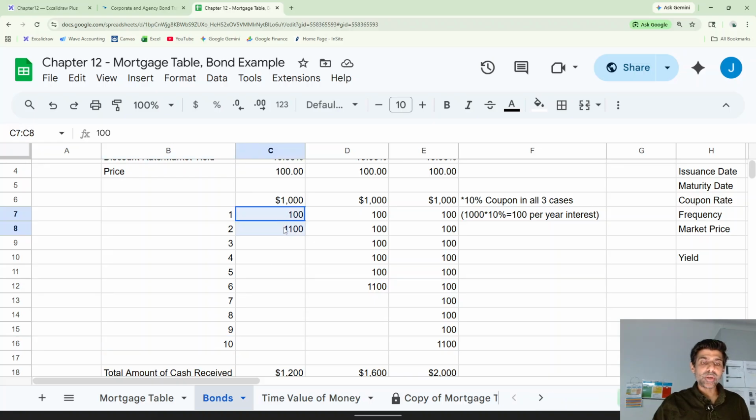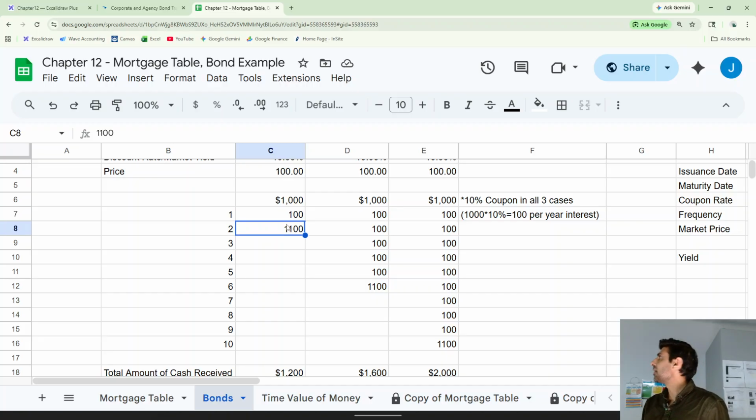So this is a 2-year bond. In the first year, it makes an interest-only payment of $100. So our coupon rate is 10%. Do we agree? Because in the second year, you're getting the 10% interest plus the $1,000 of principal. So $1,000 of principal times 10% is what? $100.